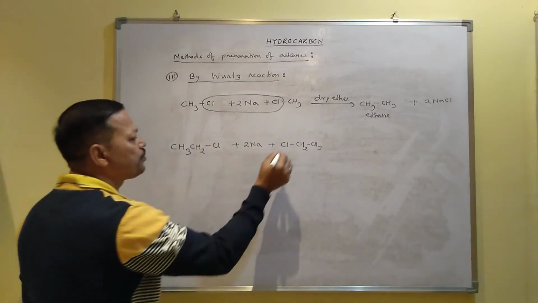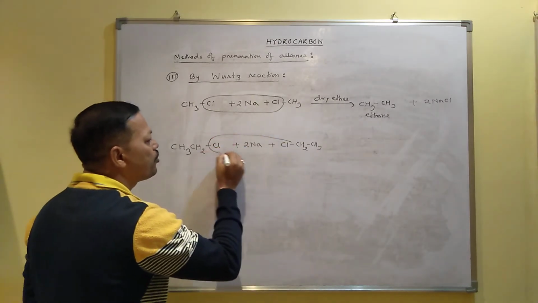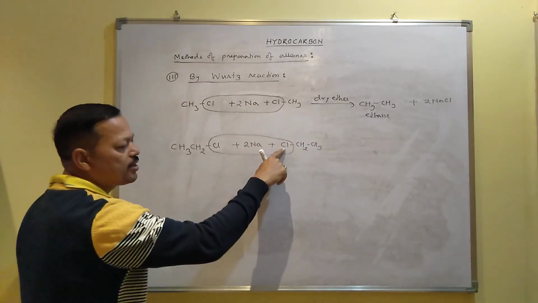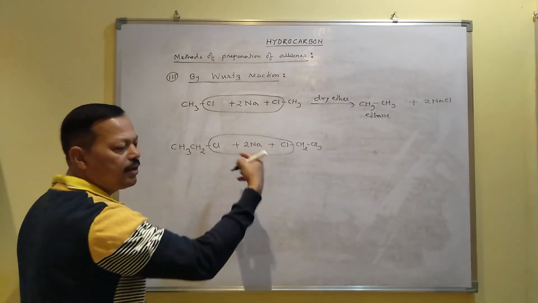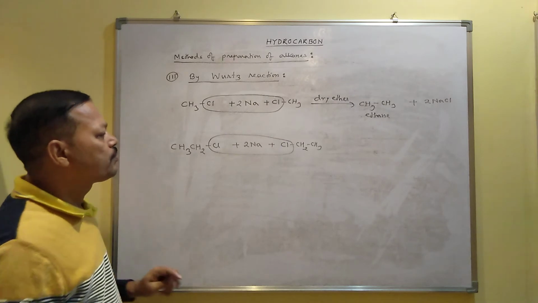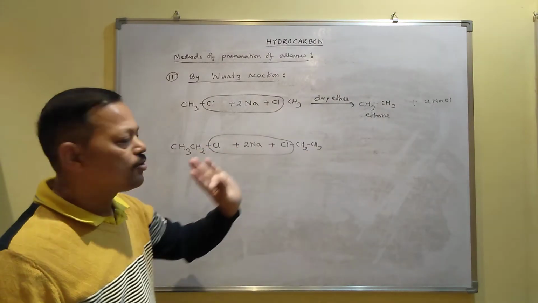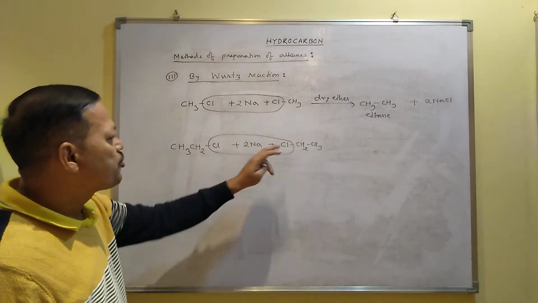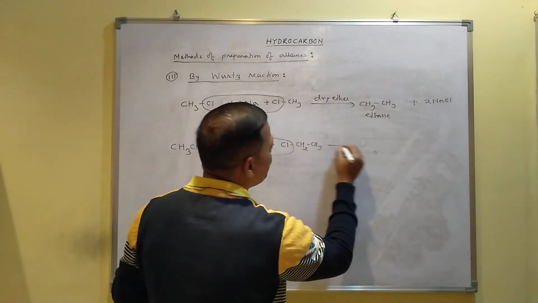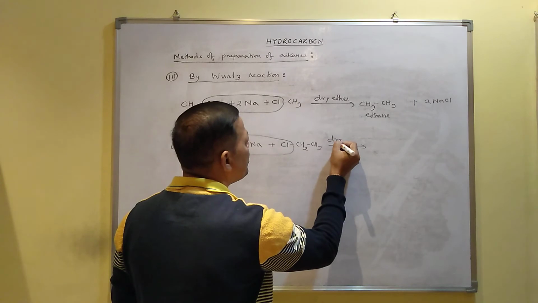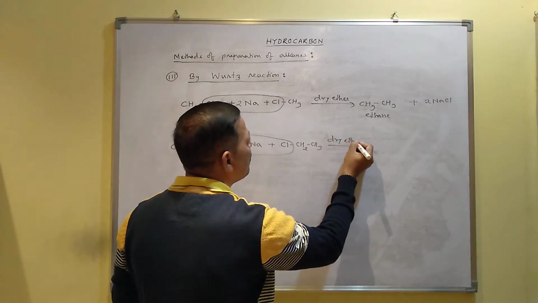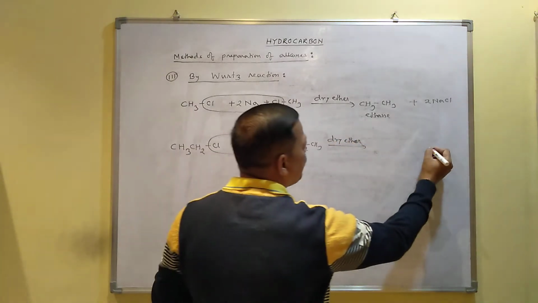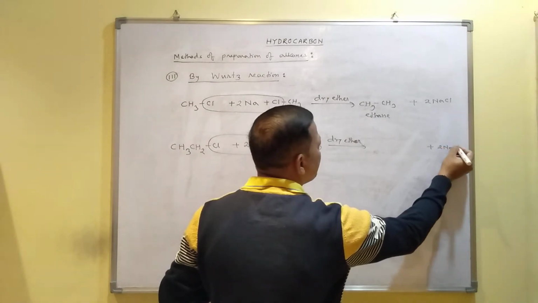Then here also sodium combines with chlorine. Actually, for the combination, I have written chlorine this side so that you can combine them. You can write CH3CH2Cl also, in that way also you can write. So this sodium combines with chlorine, they produce sodium chloride. Catalyst required is dry ether. Side product will be twice NaCl.